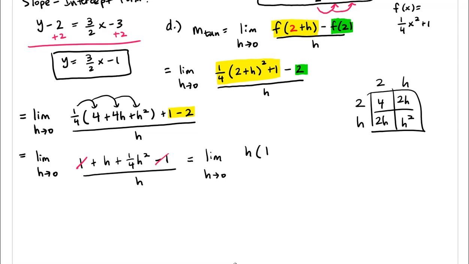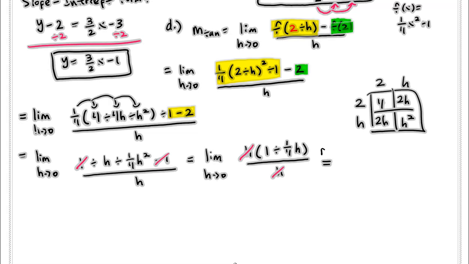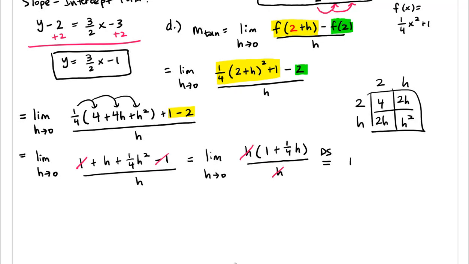That would leave me with 1 plus 1/4 h over h. Now that I have gotten rid of the h in the denominator, I can now rely on direct substitution. So we have 1 plus 1/4 times 0, and that is going to simplify to be 1.